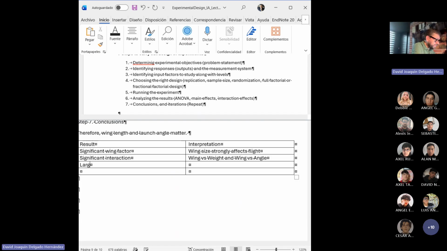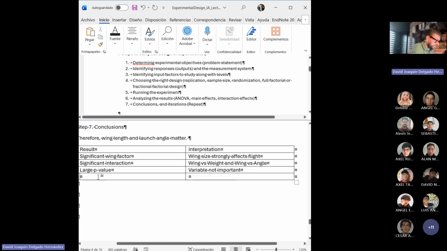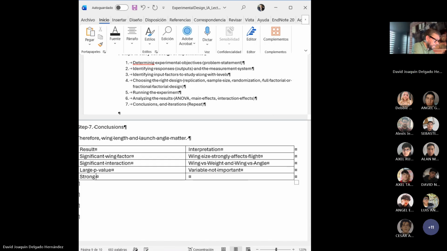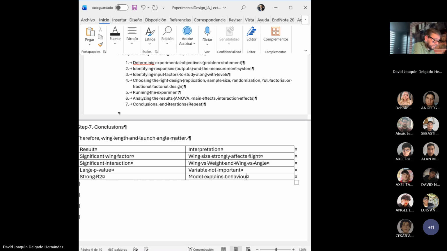So when you have a large p-value, that means that the variable is not important. And if you have a strong r to the power 2, r squared, the model explains behavior well.